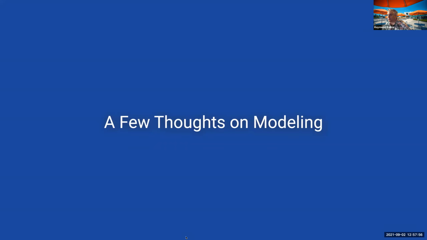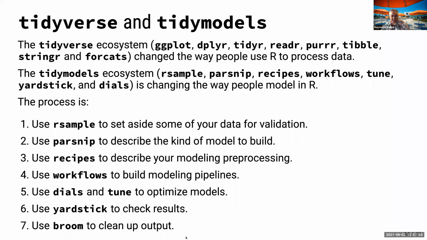I already mentioned a bunch about modeling in the early stages. Just want to quickly run through some things to have in your head. So tidyverse is the way that most people process R data now. Tidy Models is the new ecosystem for doing modeling, especially for machine learning. There's a set of packages, just like there's a set of packages in tidyverse, that do different tasks.